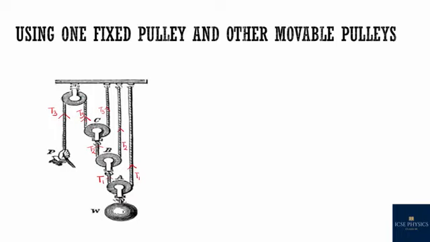Now the load or W is balanced by 2 forces, T1 on both sides. Mechanical advantage is load by effort, right? The load is balanced by 2T1, T1 plus T1, so I can write T1 is equal to L by 2.